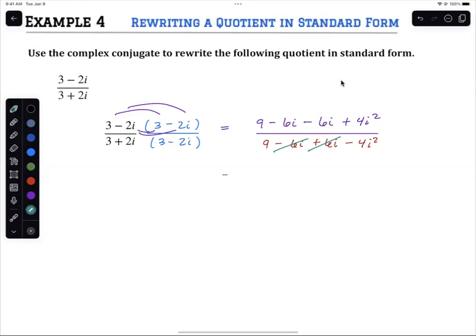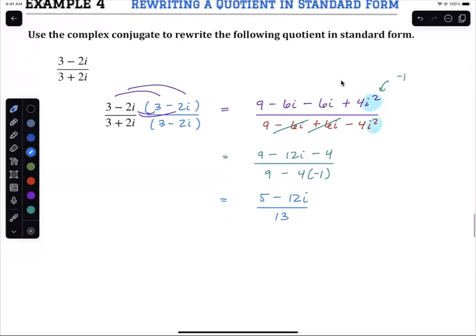On top, we're going to have 9 minus 12i. This becomes negative 1. So 4 times negative 1 is negative 4. On the bottom, we're going to have 9 minus 4 times negative 1 because i squared is negative 1. So then we're going to be left with on top 5 minus 12i over 13.